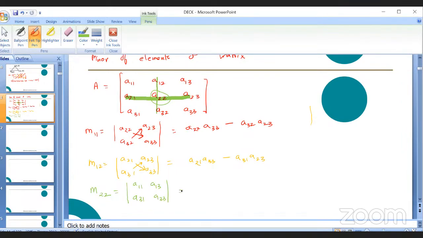So how will you find the minor? Multiply like this. A11, A33 minus, multiply like this, A31, A13. This is how you get the minor. For any element, you can find.